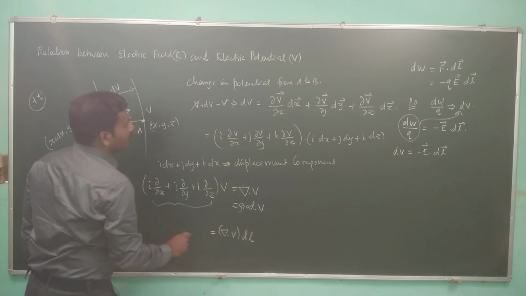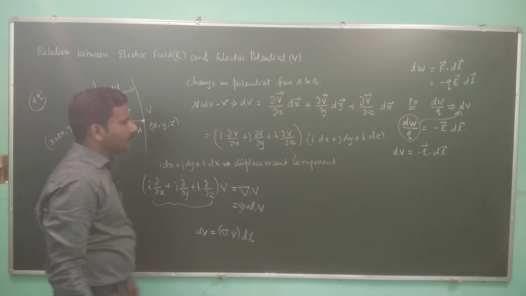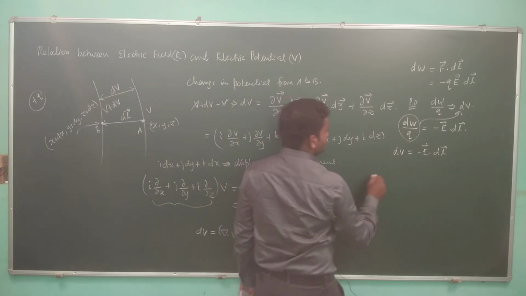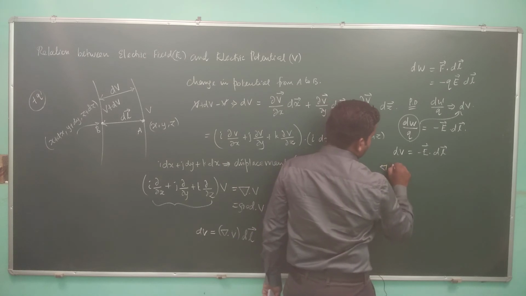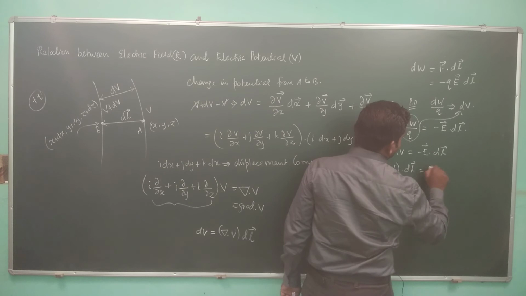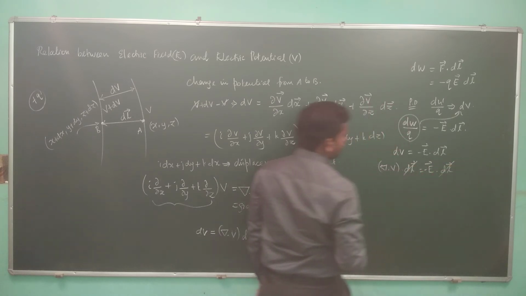But here dV is nothing but del V dot dl. So you can write del V dot dl is equal to minus E dot dl. This will cancel out.